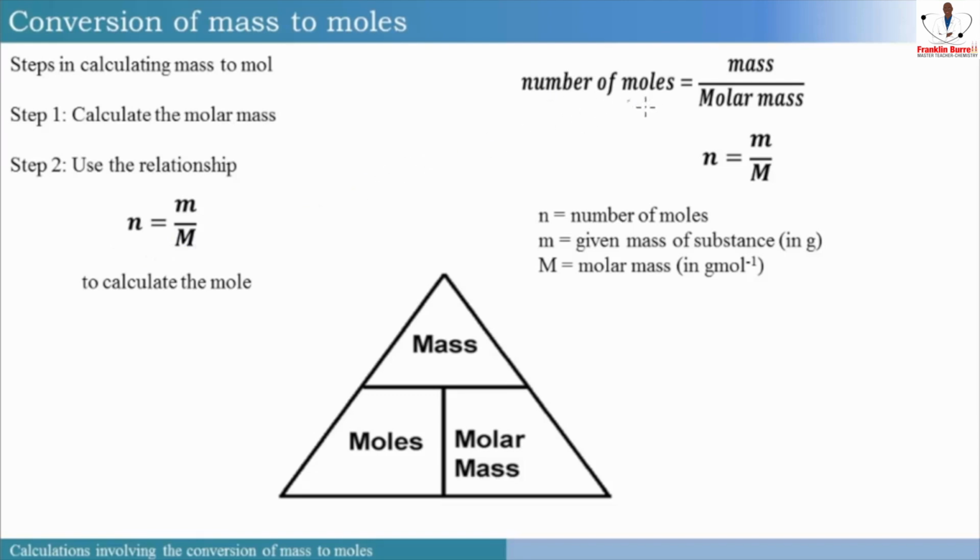So number of moles is equal to mass over molar mass. n equals m, small m, over your capital M. Remember that your moles is in mol, that is the unit. Mass, your unit is in grams, and molar mass, your unit is in grams per mole. And so the triangle here will assist you in remembering the formula, which will make it very easy when doing our calculations. So moles is equal to mass over molar mass. Let's start our calculation.